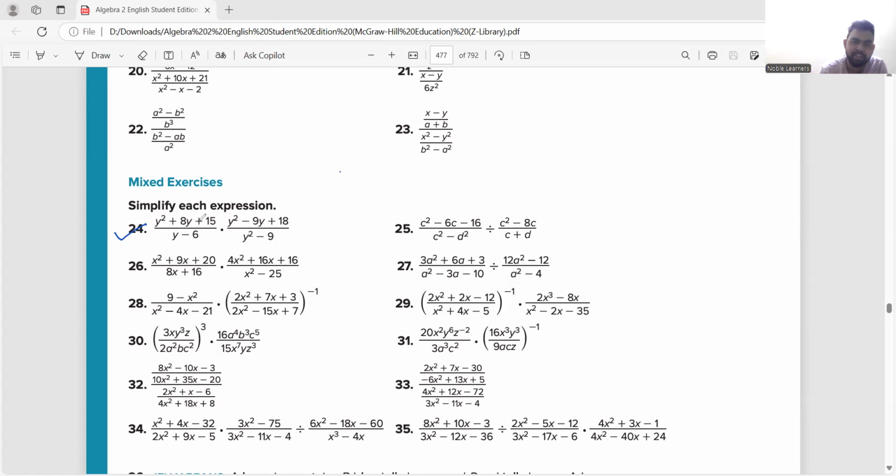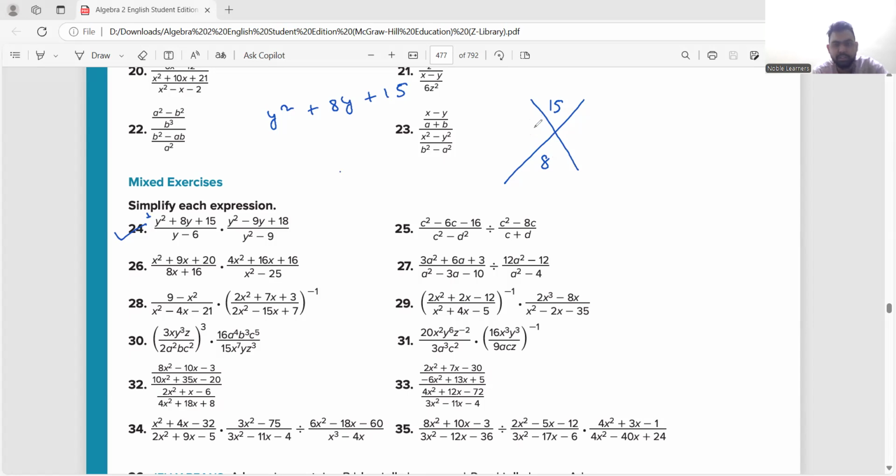So let us factor. Can you factor this numerator over there? Let us do that, please. y square plus 8y plus 15. Correct? What to write at the top? 15. In what numbers? It's easy actually. 15 and 8, 5 and 3, right?